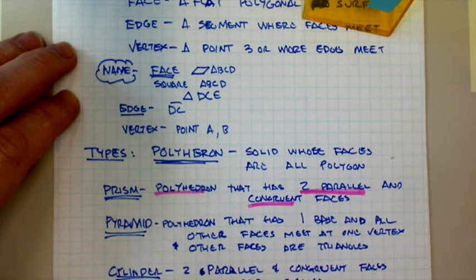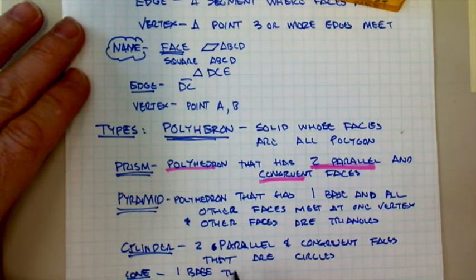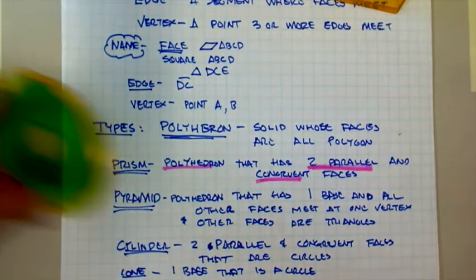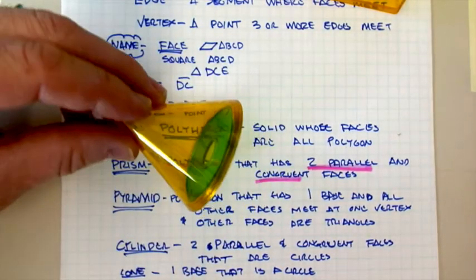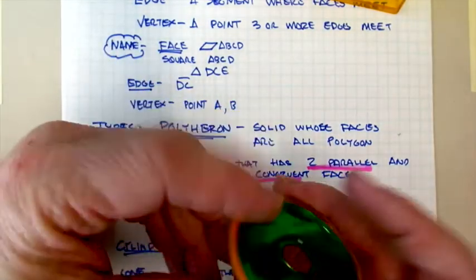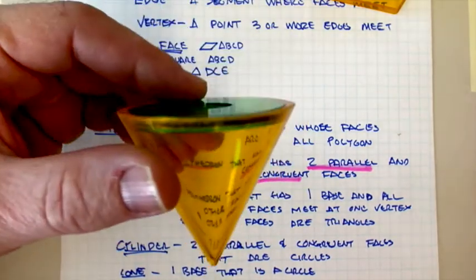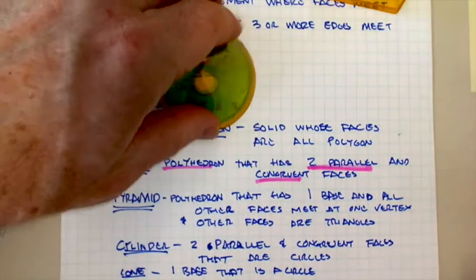And a cone is a solid figure with one base and only one base that is a circle. And all the other surfaces meet at a single point. So obviously you guys have seen a cone before. You've been to Flubs, you know what a cone is. All right? So that is our cone.